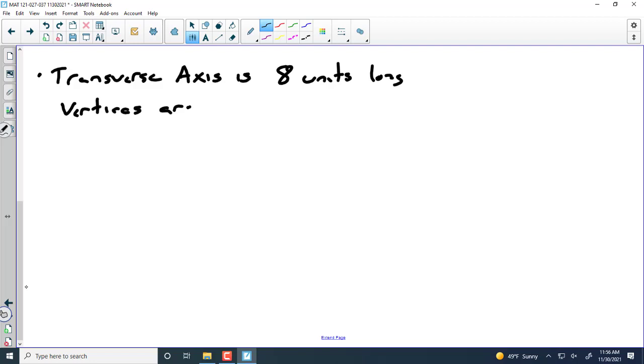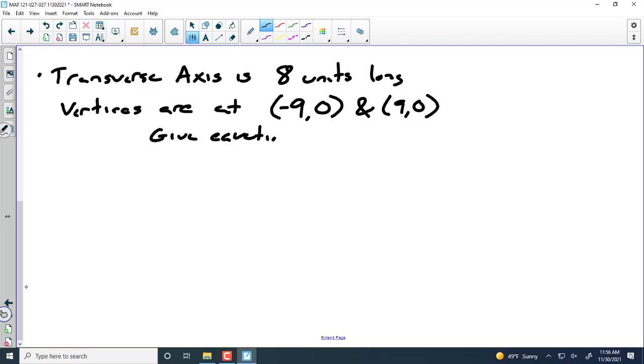Vertices are at -9, 0 and 9, 0. Give the equation.